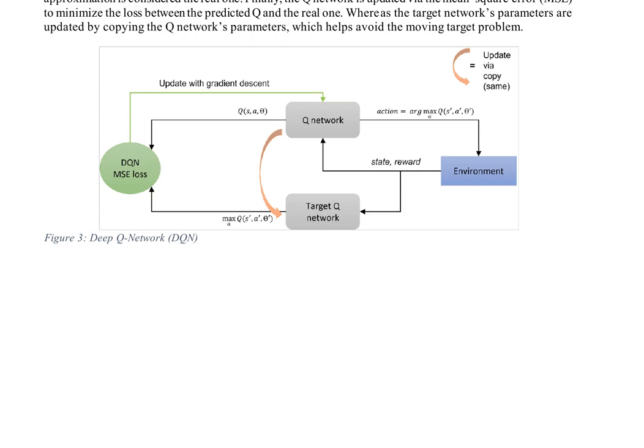This enhanced architecture significantly mitigates the correlation between successive experiences and the moving target problem, as demonstrated in the second architecture. This design is crucial for improving the stability and performance of DQN algorithms.